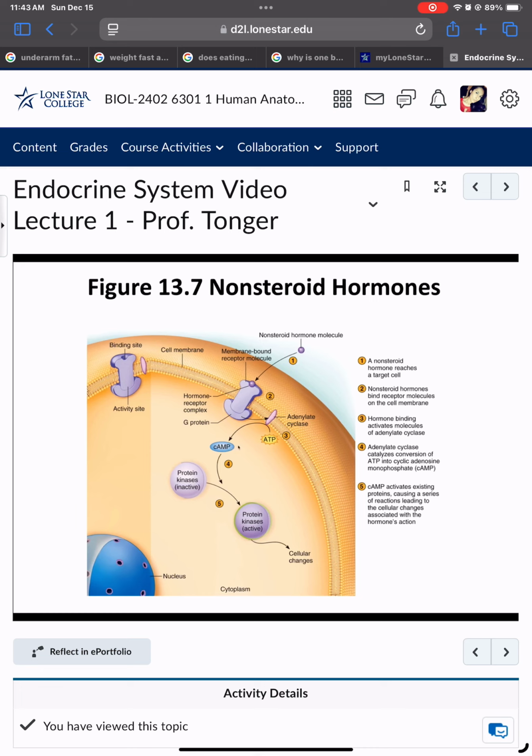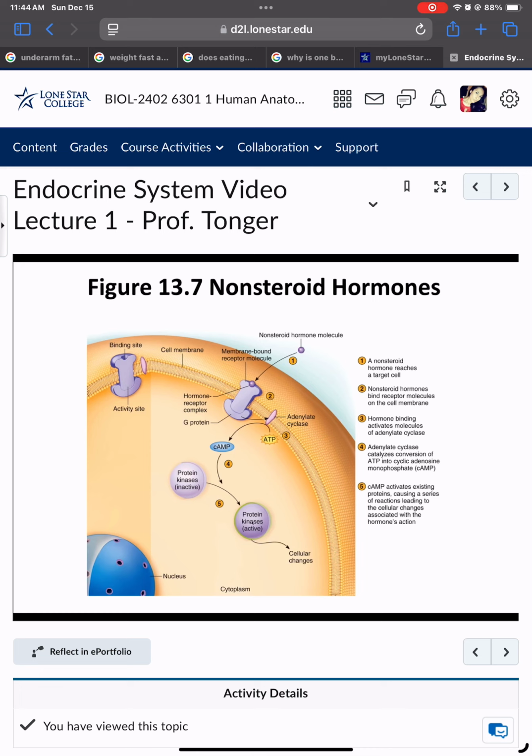Adenylate cyclase catalyzes this conversion of ATP into cAMP, and cAMP now activates the existing proteins, which could be your kinases. Kinases usually are proteins which remain inactive, and as soon as the signal comes in, they become activated, and once activated, they can bring cellular changes in the cytoplasm.